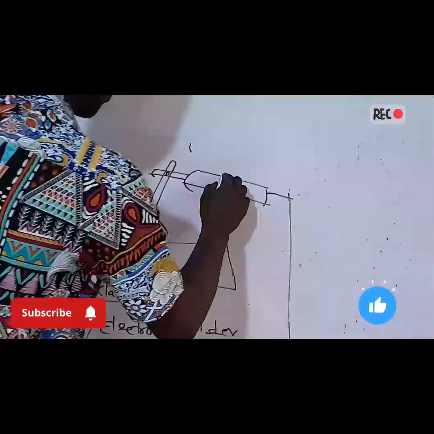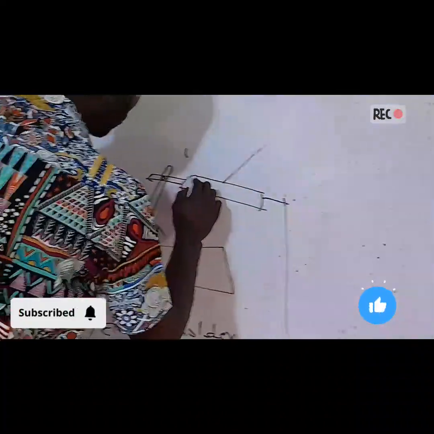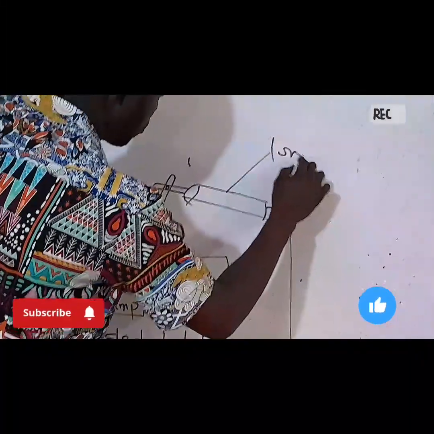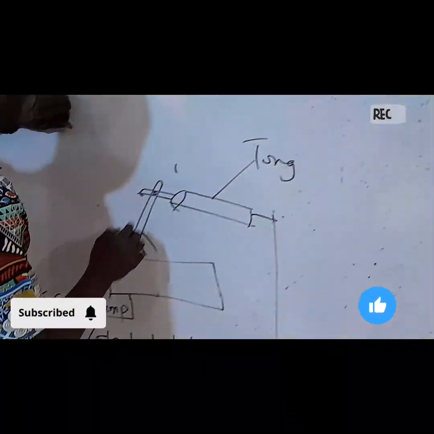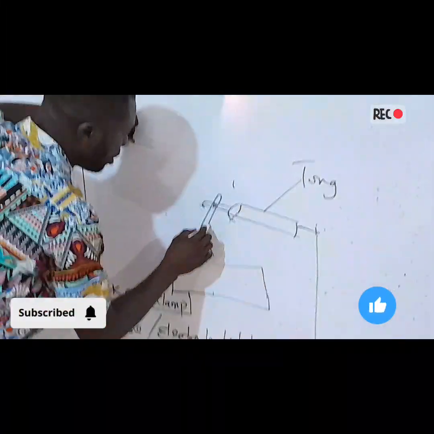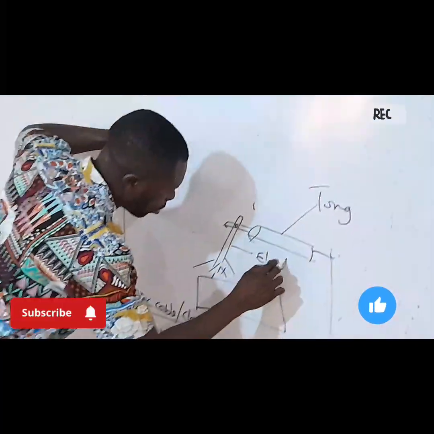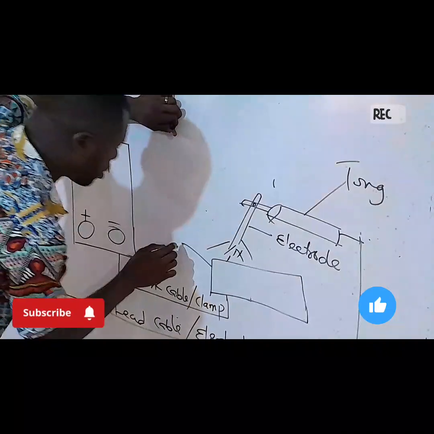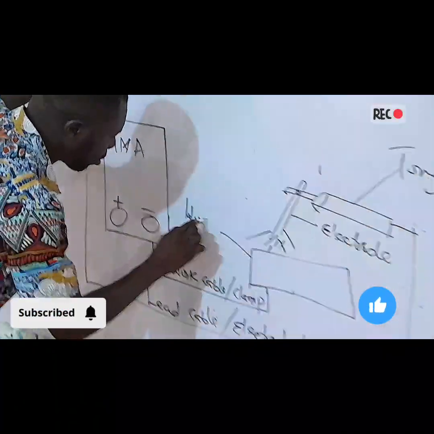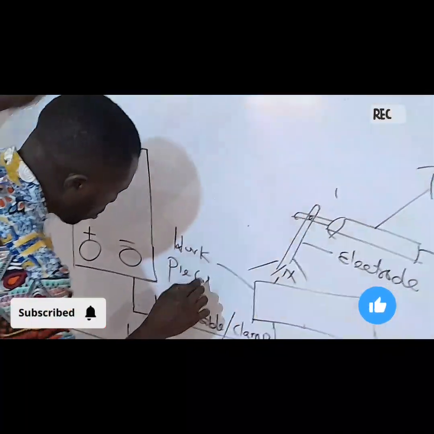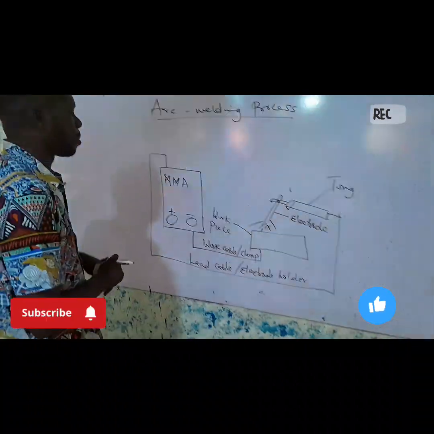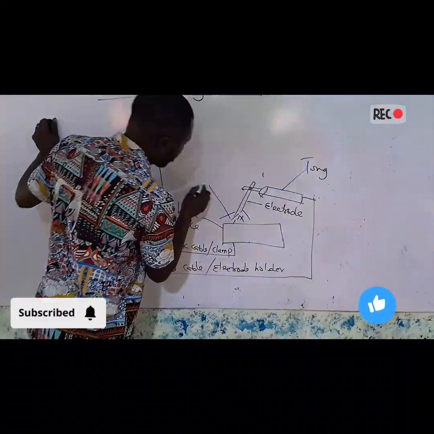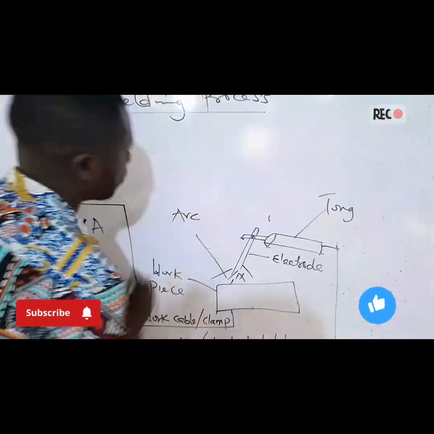Now this is the tongue, which holds the electrode. Now this is the electrode. Now this is the workpiece. Now this is the arc we're talking about.